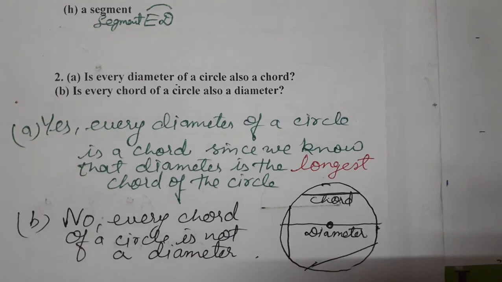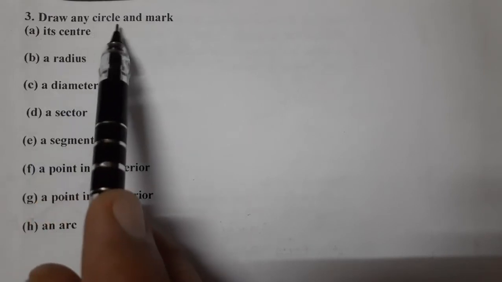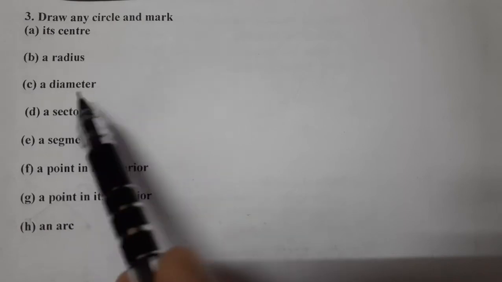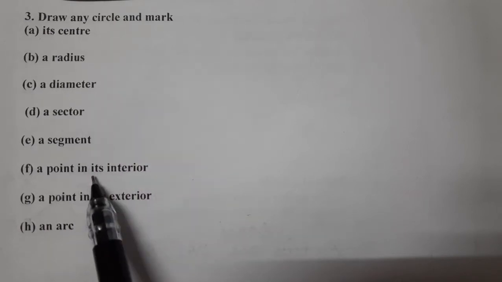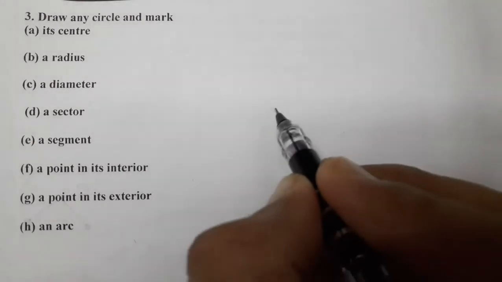Now we'll see question number 3. Draw any circle and mark its center, radius, diameter, sector, segment, interior point, exterior point, arc. So let's start making one circle.